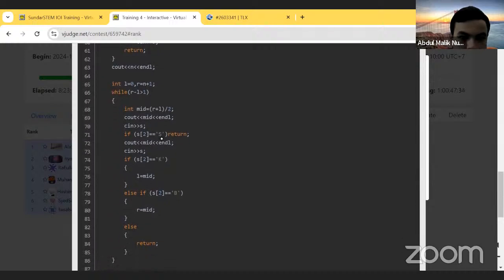So the complexity is still 2 times logarithmic n. Why are we taking a constant in problem 8? In this problem, our observation is like this.